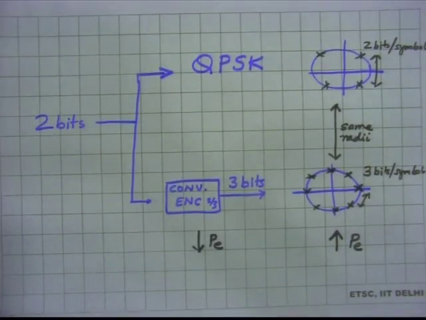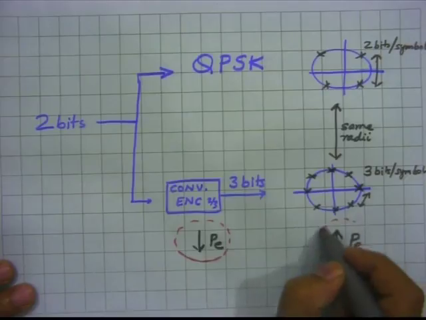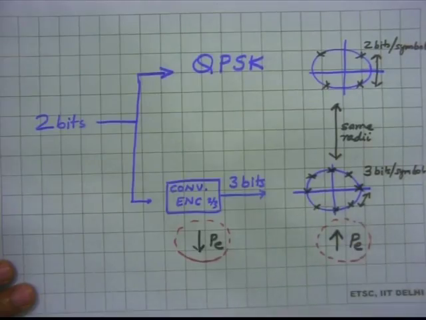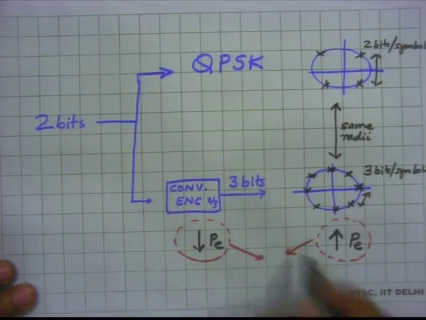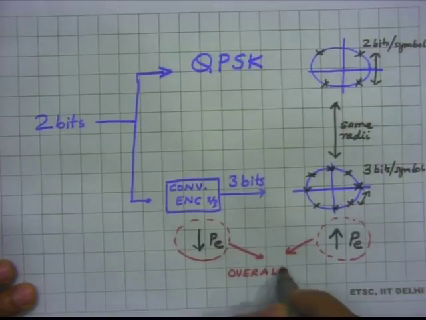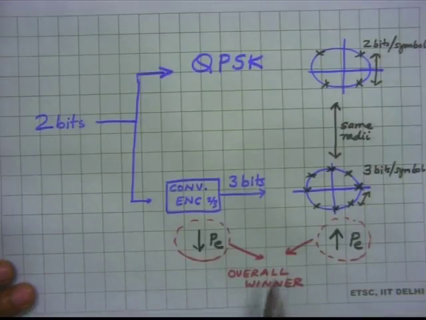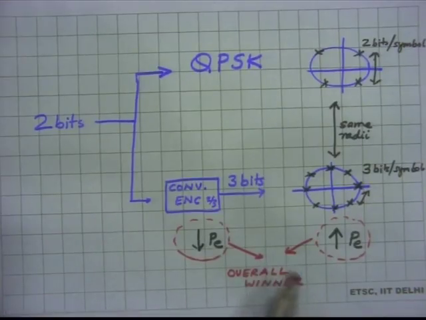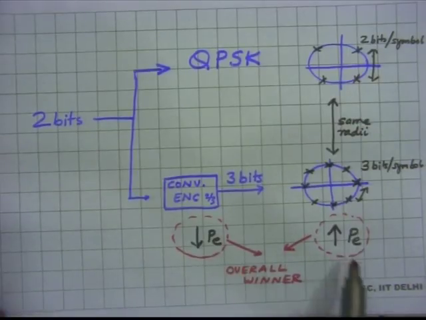So, on one side we have a mechanism that tries to push down the error, the other side may lead to an increase of error. So, if you play our cards right, then we can come out an overall winner. So, this trade off will decide whether we finally end up having a better BER.